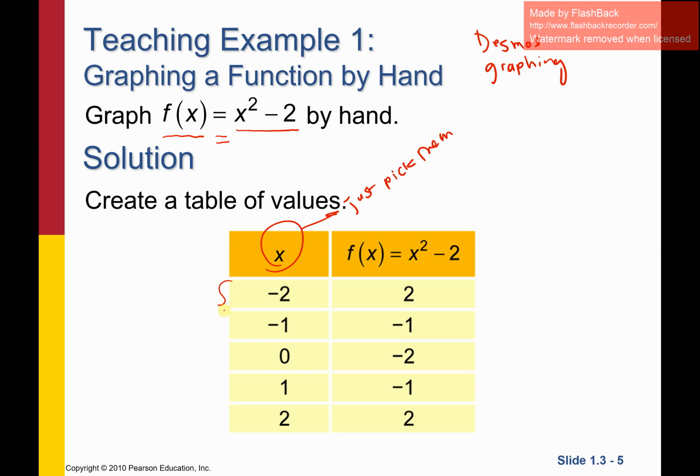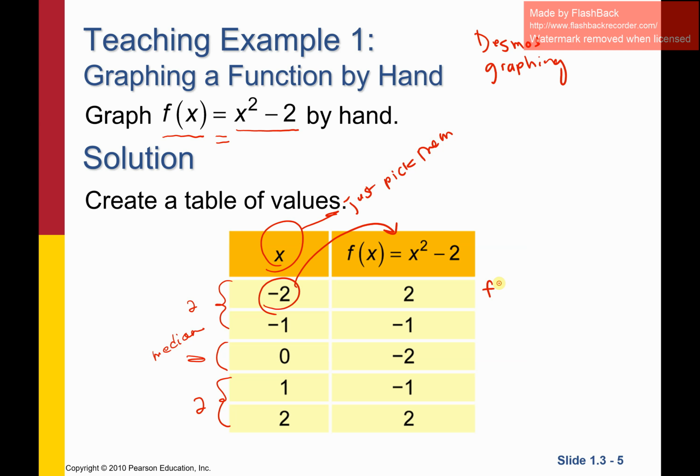Typically, you have some negative value ranges, 0, and some positive value ranges. Notice you have 2 negative, 2 positive, and then you have here 0 as your median, okay? So you have a little bit before, a little bit after. And so what do you do? Well, you take this number, you plug it into the function.